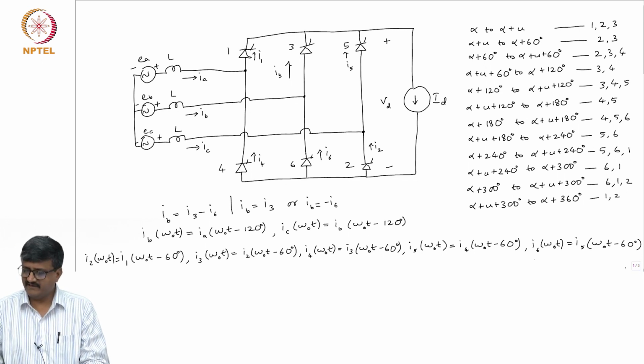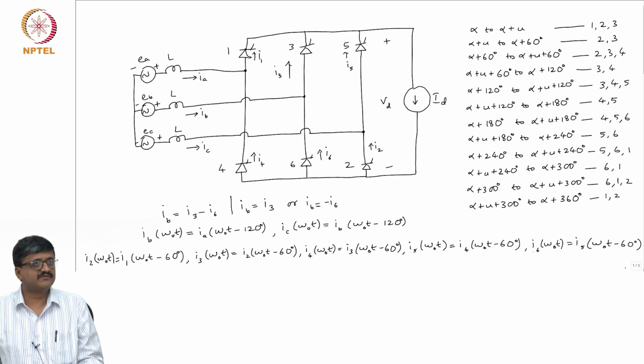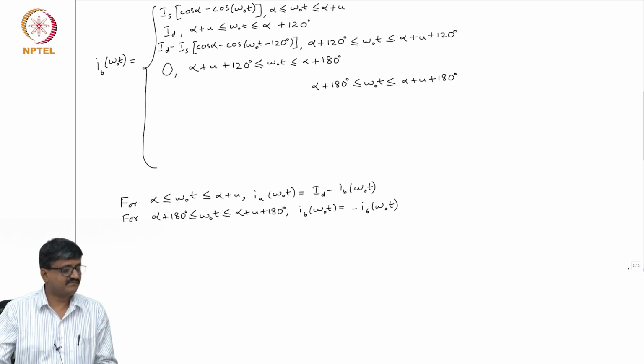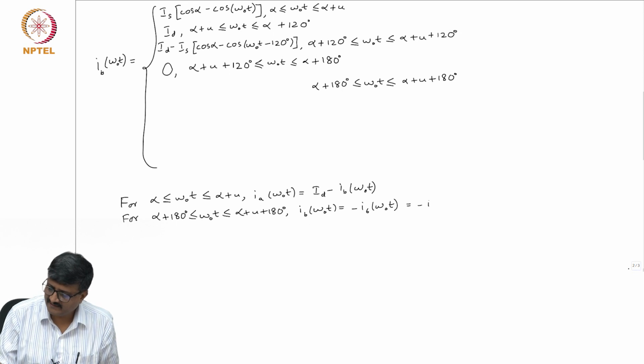From that, I can get the relationship between I6 and I3. So, I6 is identical to I3 except for a phase shift of 180 degrees, 60 into 3. So, what does that mean? It is minus I3. In other words, I can write it as minus I3 of omega OT minus 180 degrees.